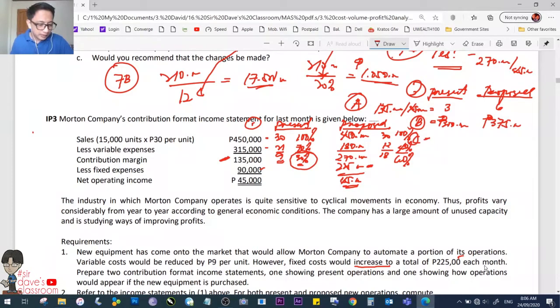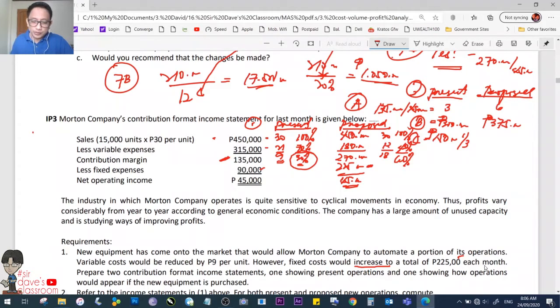Letter C naman tayo, margin of safety, both pesos and percentage. Margin of safety is computed by your expected or actual sales less the break-even sales. So 450,000 less the break-even 300,000. In pesos, it must be 150,000. In percentage or in ratio, it is 1/3 for the present condition.